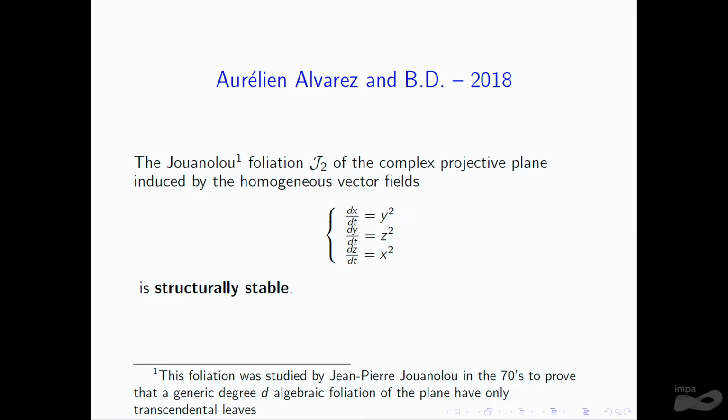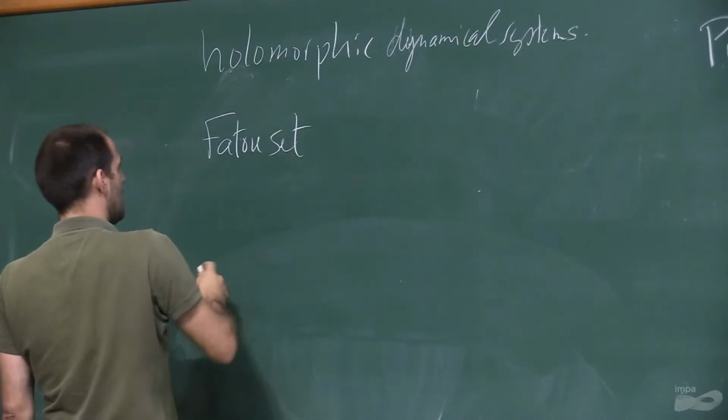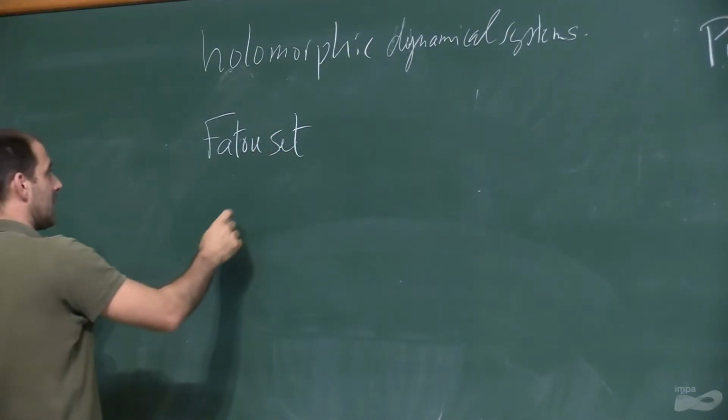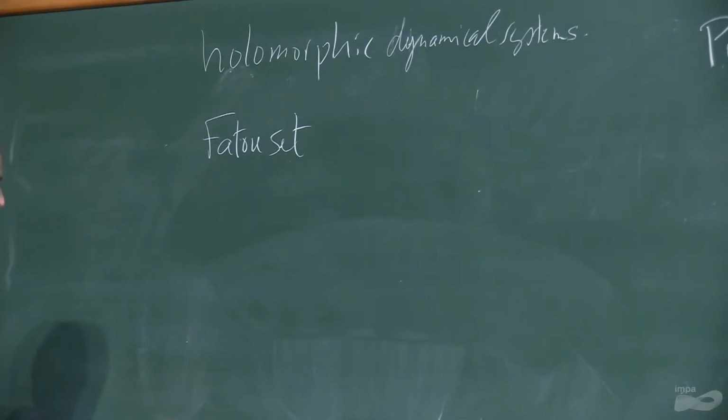So in the jargon of holomorphic dynamical systems, you can decompose the phase space into a set which is called the Fatou set, where the dynamics is very simple, integrable, or you can understand it very well.